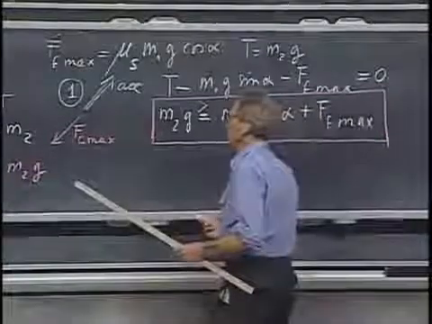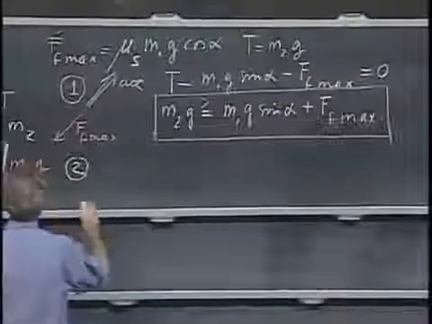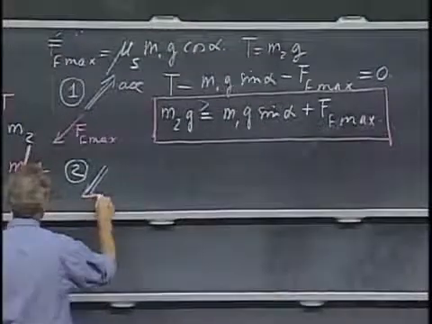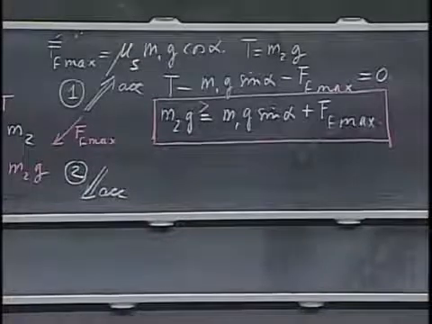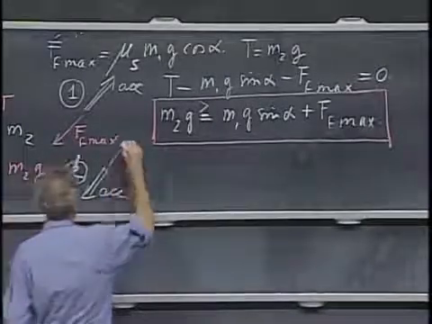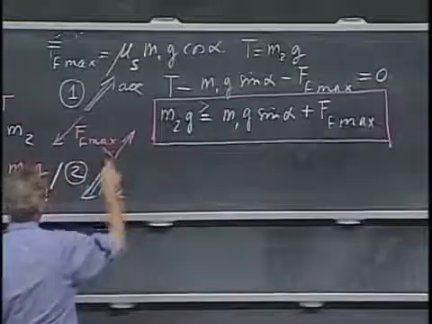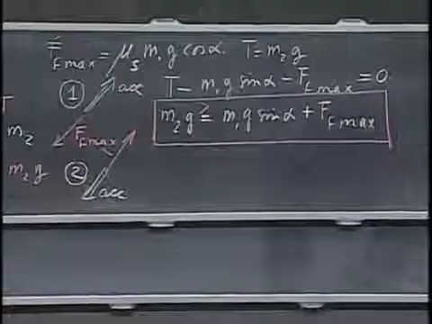Now, I look at situation 2. Now I make the assumption that the object, still standing still, is just about to start accelerating downhill. Aha! If that's the case, I know that the maximum force is now pointing upwards. The same magnitude, but it has now a different direction.